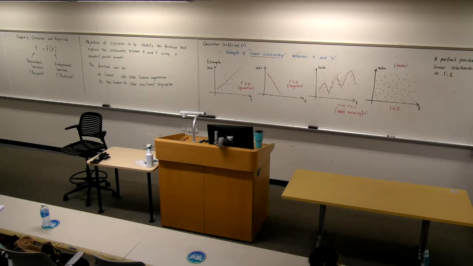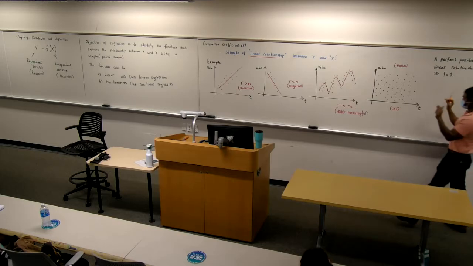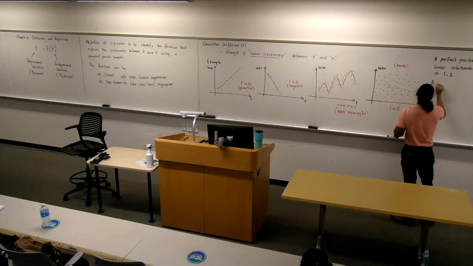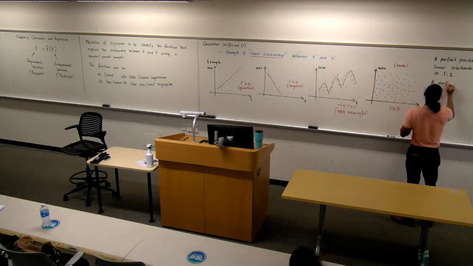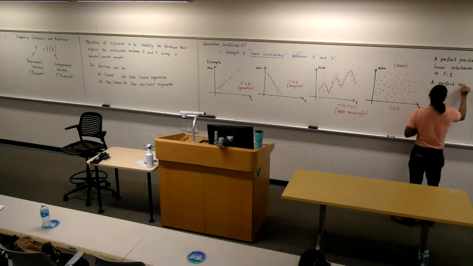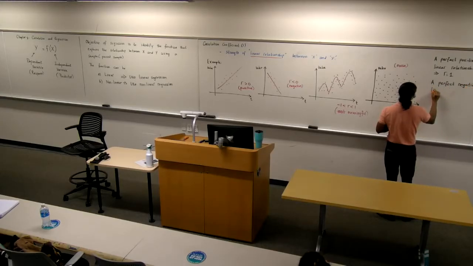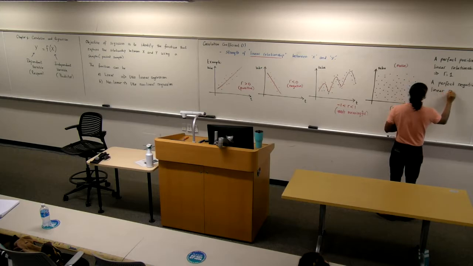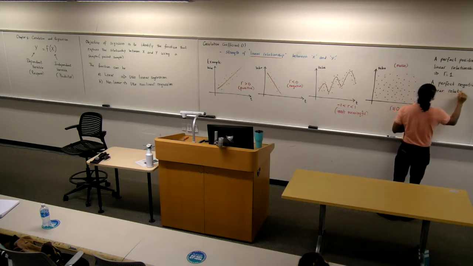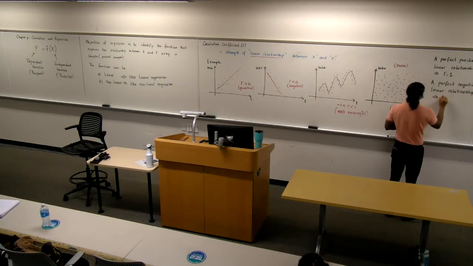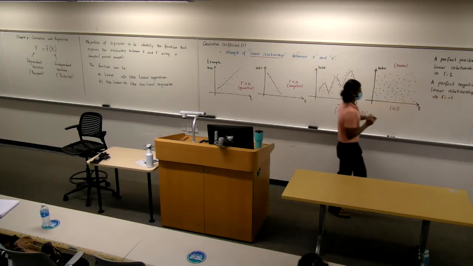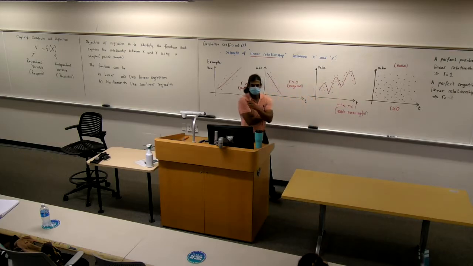A perfect positive linear relationship would imply the value of R is 1. In other words, a perfect line. In a similar manner, a perfect negative linear relationship would be R equals -1.